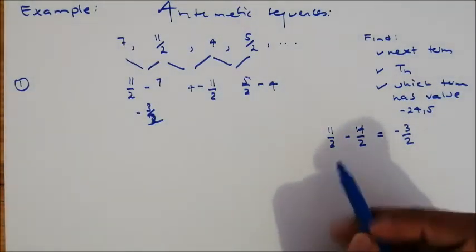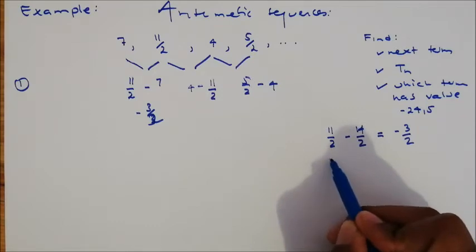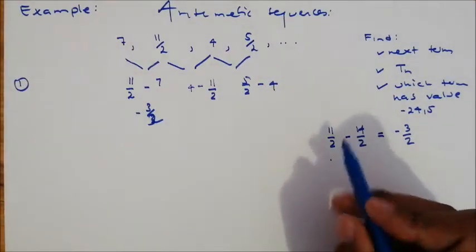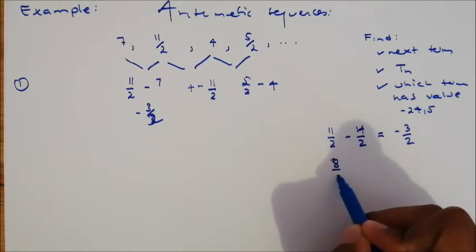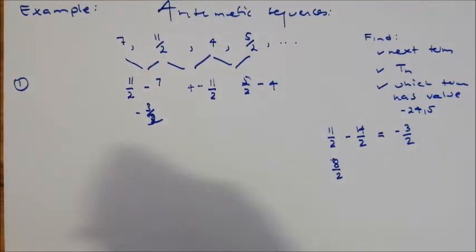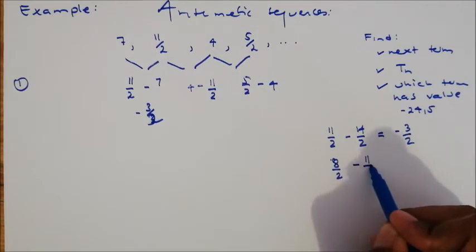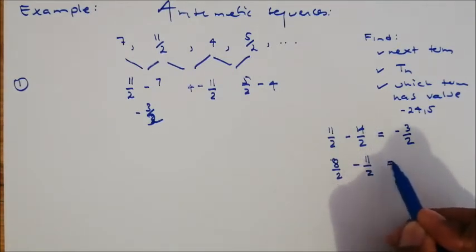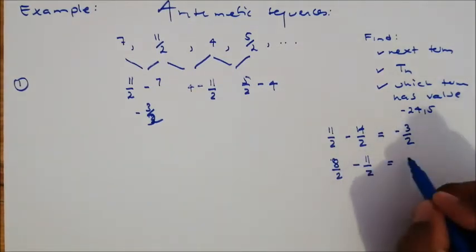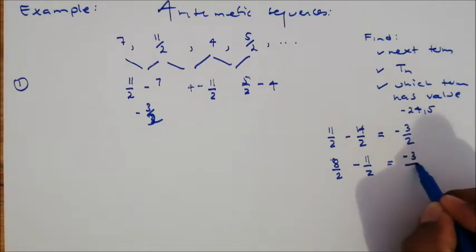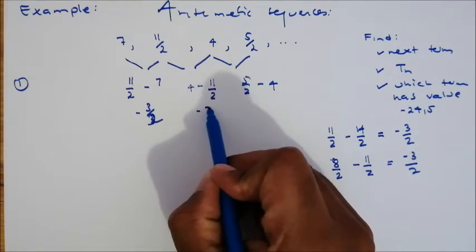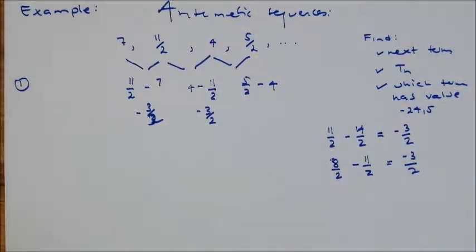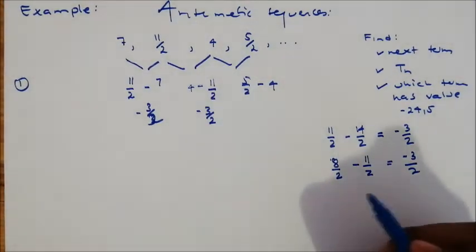Let's just do it on the side. So what is that? 8 over 2, that is 4, right? Minus 11 over 2. So 8 minus 11, that's negative 3. Obviously, we're going to divide that by 2. So it's still the same, negative 3 over 2, right? Let's look at the third one.